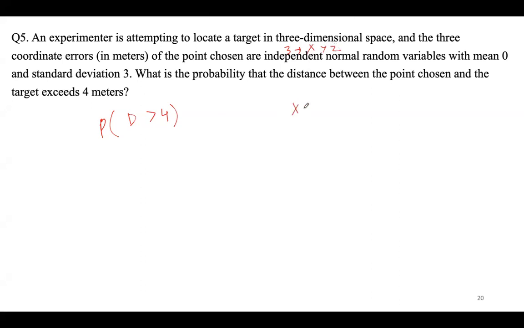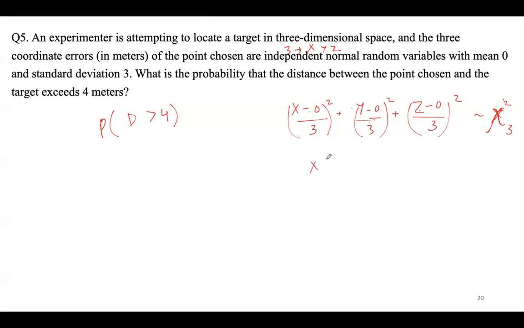We know that (x minus mu, which is 0, divided by sigma, which is 3) squared, plus (y minus 0 divided by 3) squared, plus (z minus 0 divided by 3) squared. So we're calculating the z values for all of this. This random variable is going to have a chi-square distribution with 3 degrees of freedom, right? This is 1, 2, and 3.